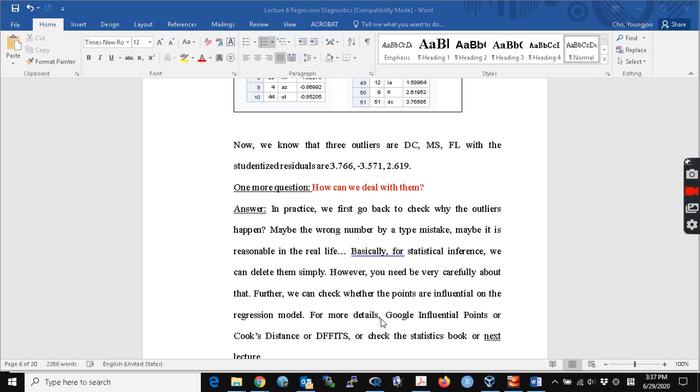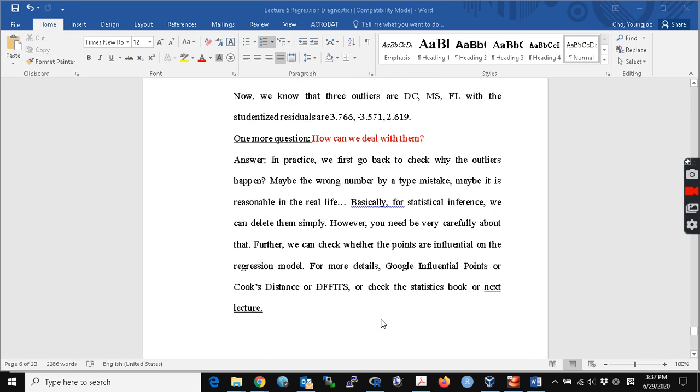You may delete them from your analysis, but you have to be very careful, because an outlier can be an influential point, which means it may change your regression fit.